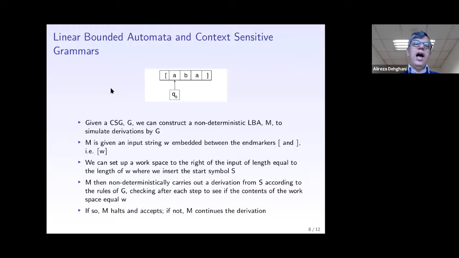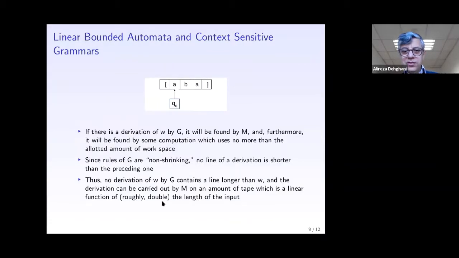It tries to show you how a linear bounded automata can accept or reject the string. It's very similar to a Turing machine, right? You start from a starting symbol in here, and then you work through that, and at some situation you halt somewhere, and then you accept the string. If there is a derivation of W by G, it will be found by M, and furthermore, it will be found by some computation which uses no more than the allowed amount of workspace.